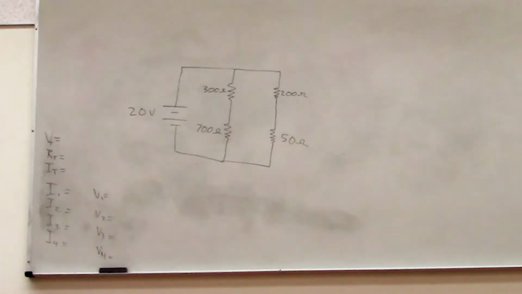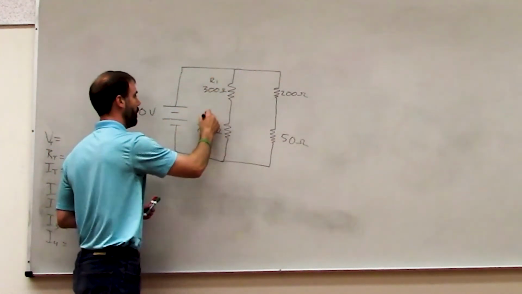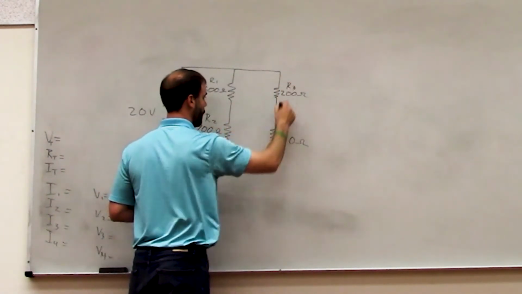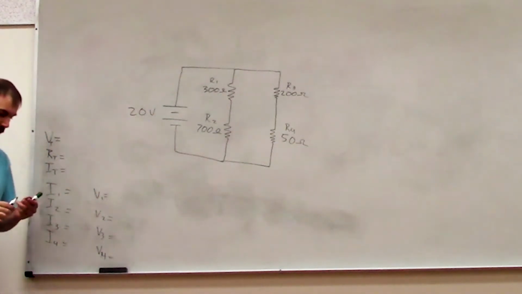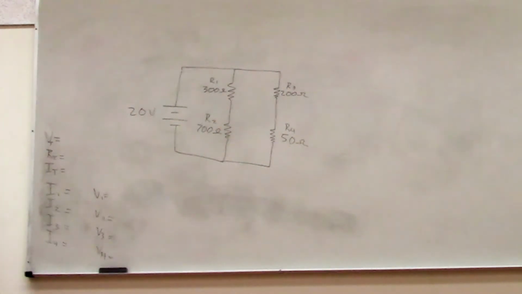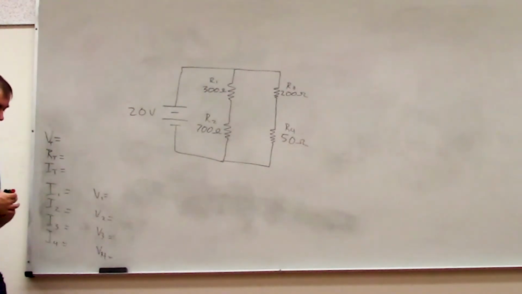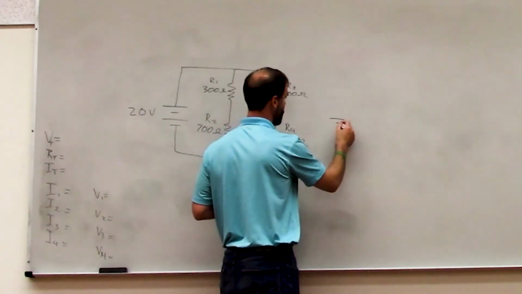So we'll call this R1, R2, R3, and R4. So what we're going to do is we're going to just take this one piece at a time. We're going to try and simplify this circuit and simplify it several times. So do you see any elements that are in series or in parallel?